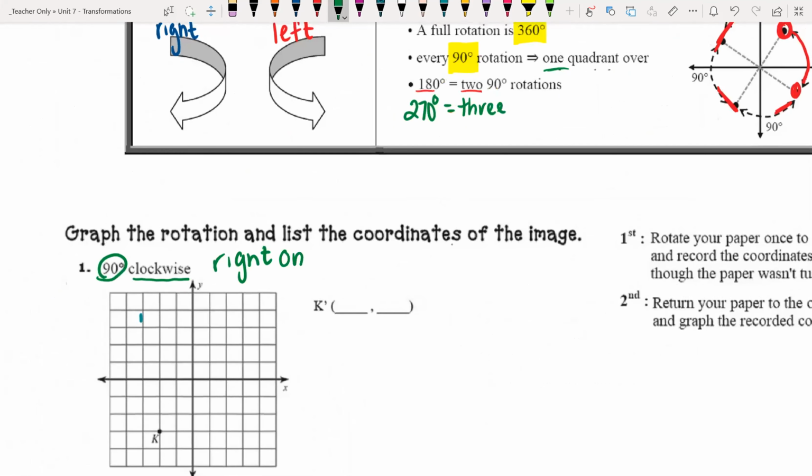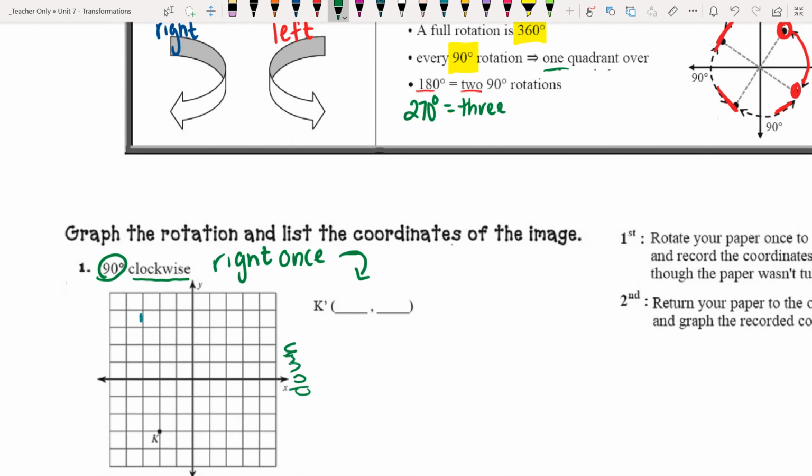So I'm going to rotate to the right one time. I'm going to pick up my laptop, and I would probably put it in tablet mode. In tablet mode, pick it up and go right once, where your x-axis is facing down.